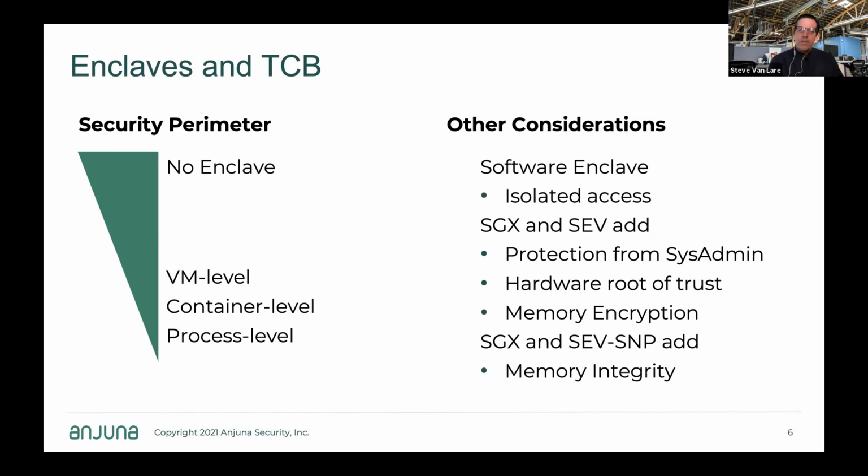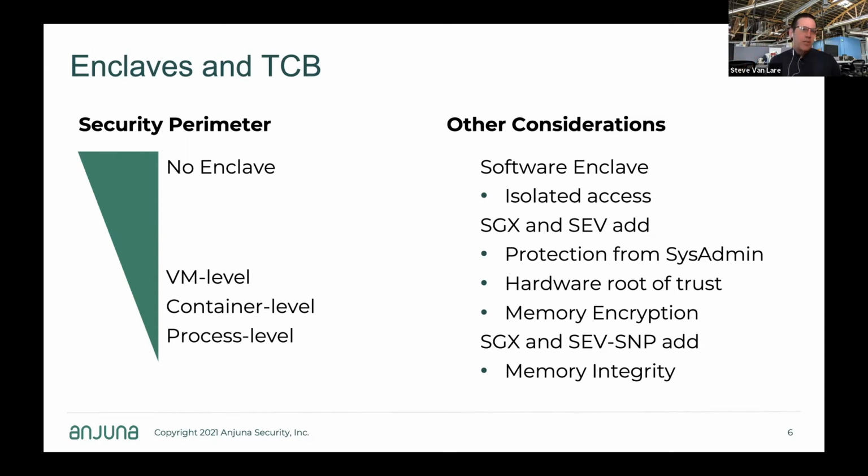The other thing that you should consider is there's a couple of attributes about enclaves that are interesting. The first is isolated access. So how does the technology you're using actually provide this access? How isolated is it? And some enclaves are more porous than others. What I mean by that is, in a very restrictive sense, with some enclaves, if another process attempts to access your memory, it's going to get a segment fault.